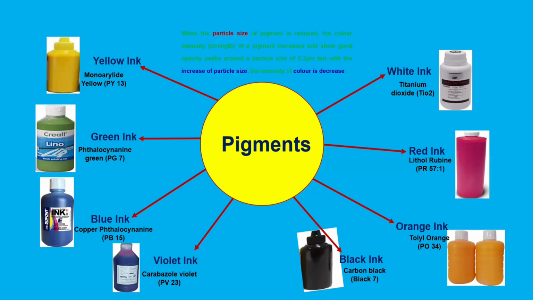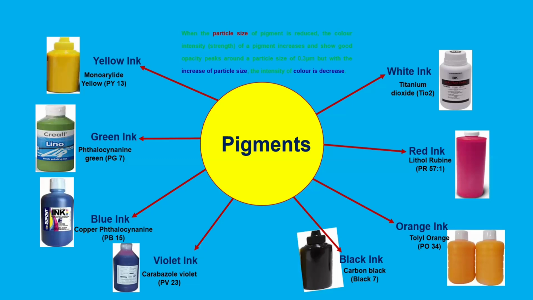Here are some pigments that we commonly use in inks: yellow inks, PY13s; green inks, phthalocyanines; blue inks, copper phthalocyanines; violet inks, carbazole violet; black ink, carbon black.